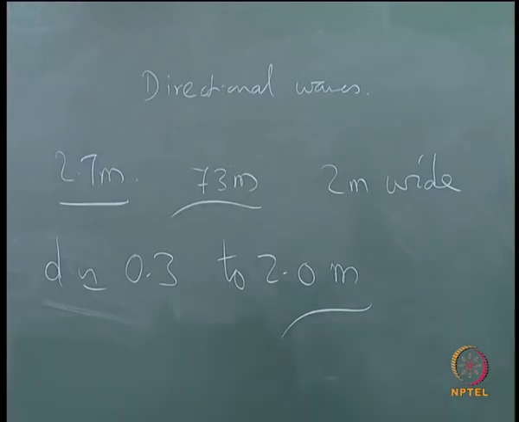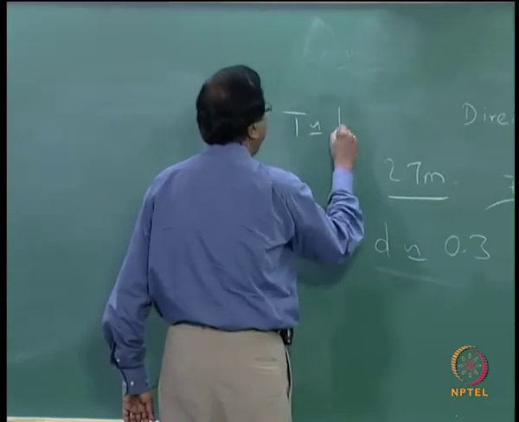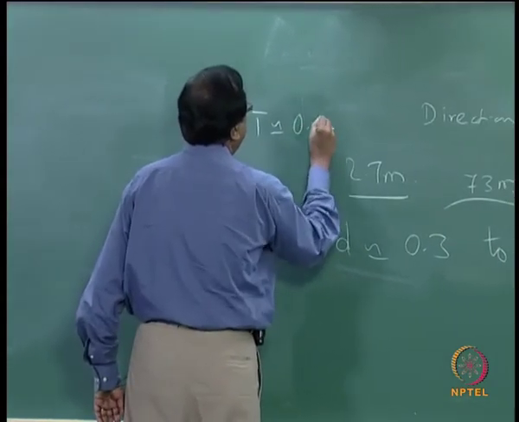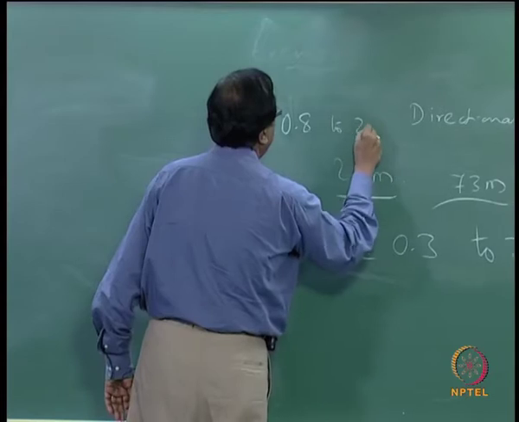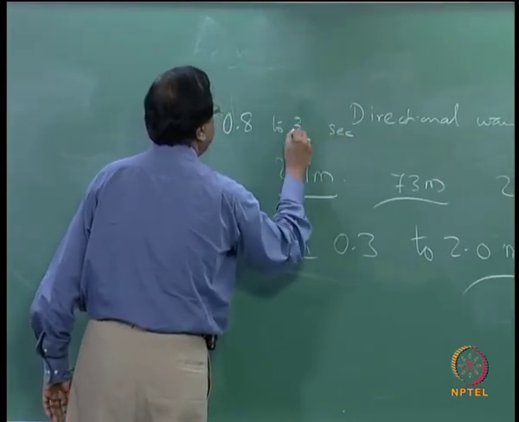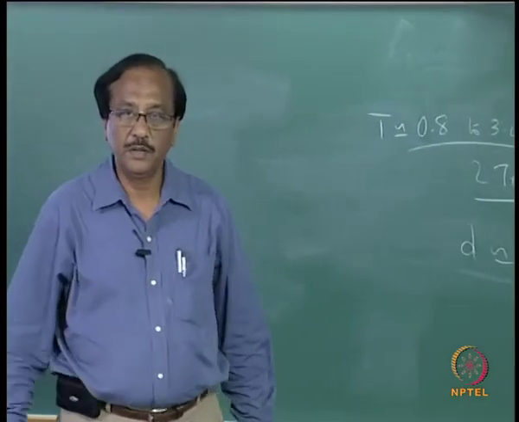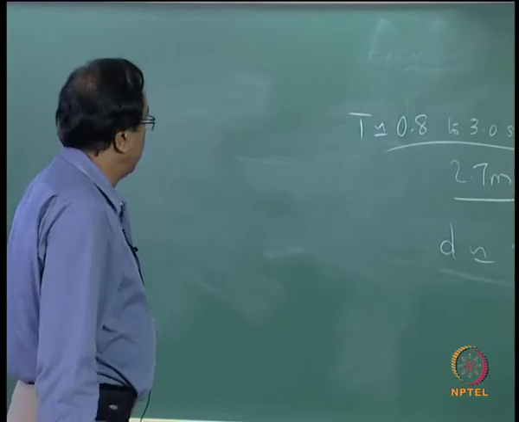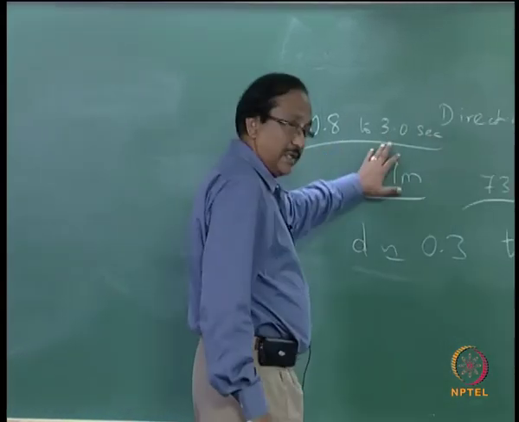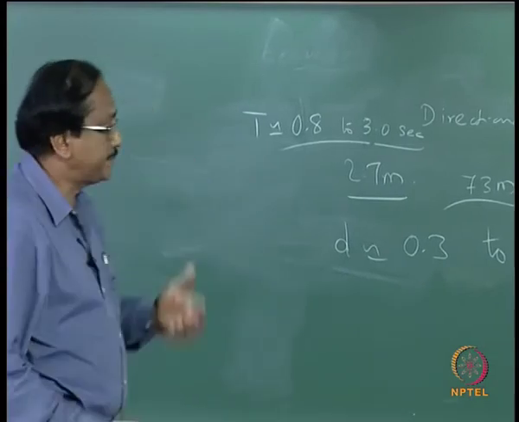And your frequency range, in this case I will say that the wave period can range anywhere up to 3 seconds. In fact we can go beyond this also, okay.